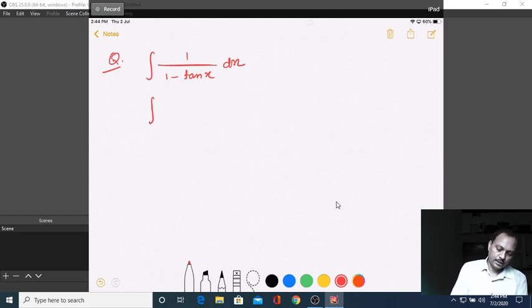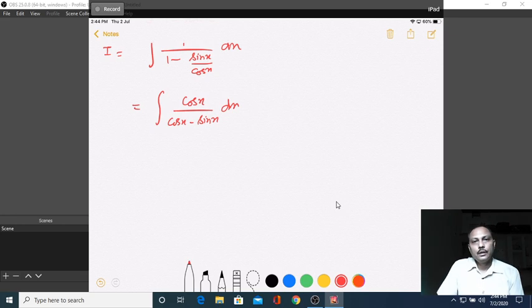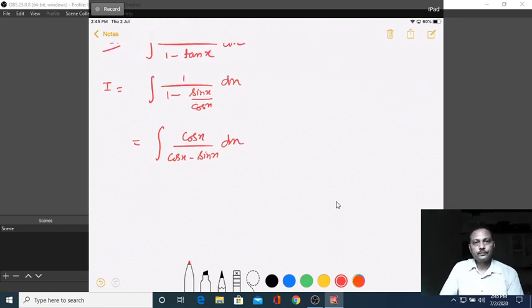So it can be written as 1 upon 1 minus sin x upon cos x, and simplifying we get cos x upon cos x minus sin x. Is it clear? Okay.